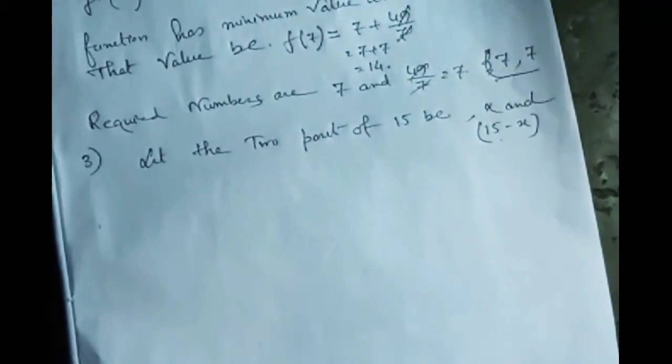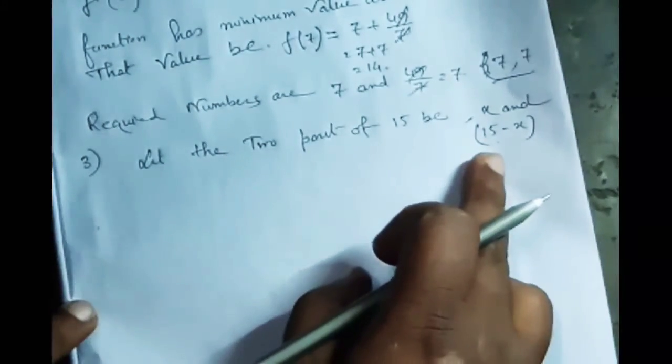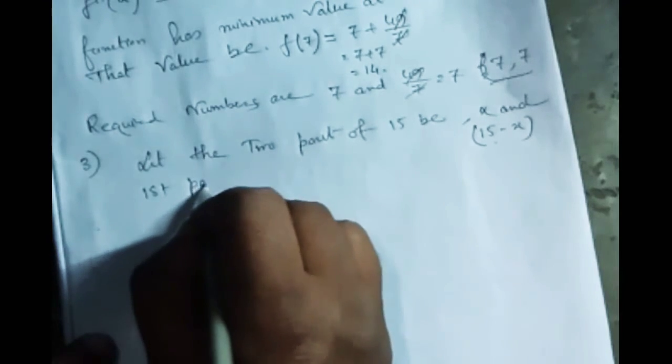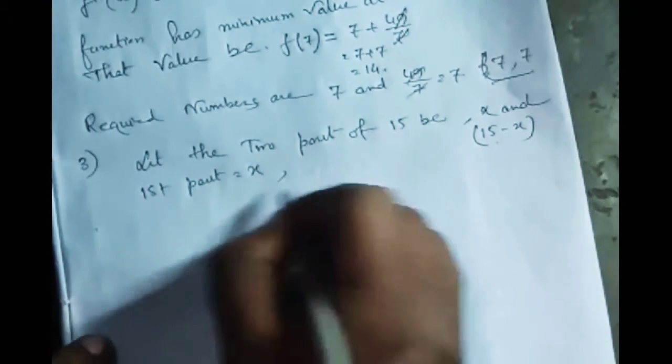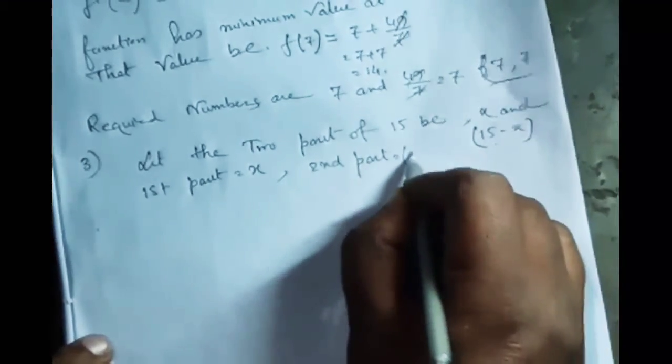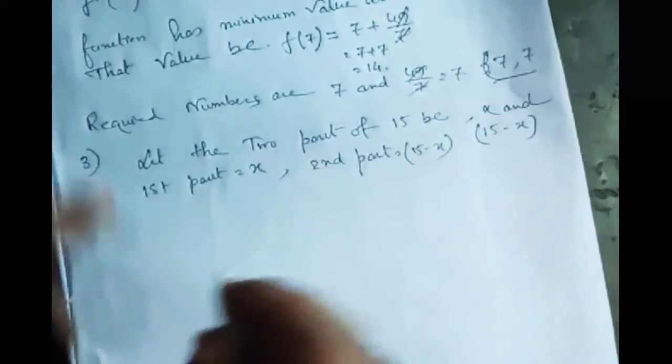These are the 2 parts. So the first part is equal to x, second part is equal to 15 minus x.